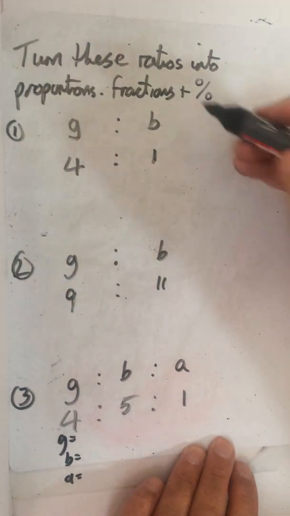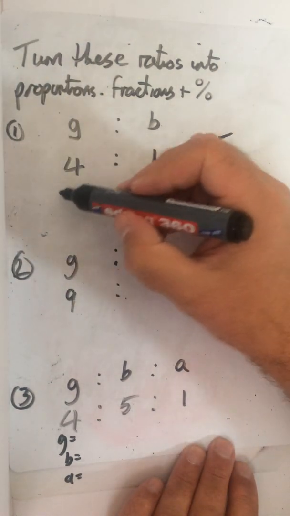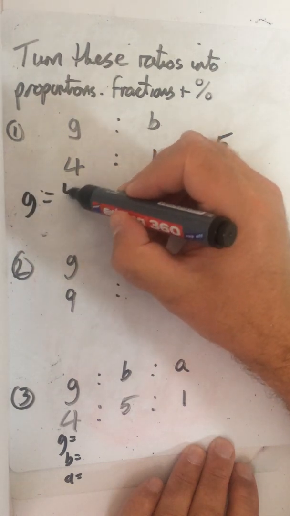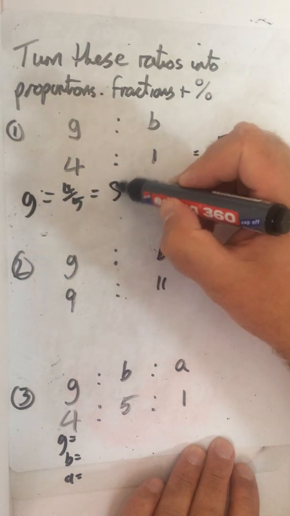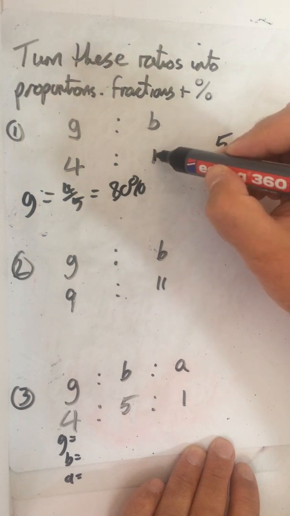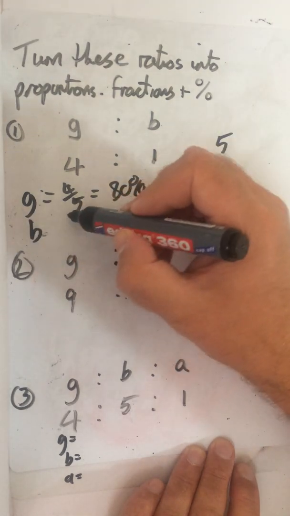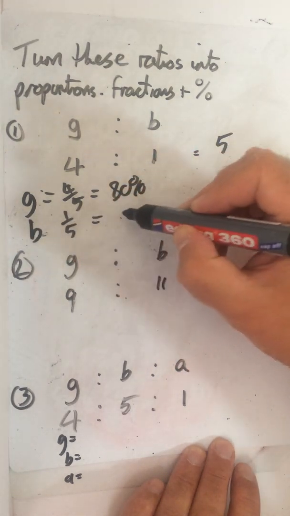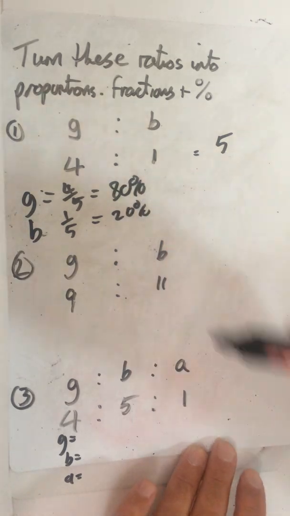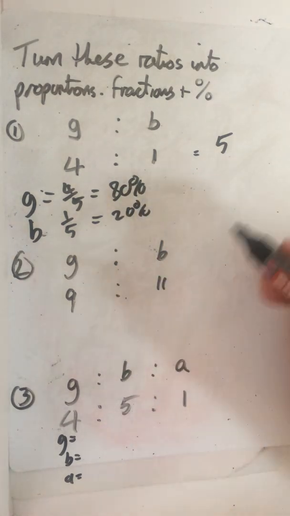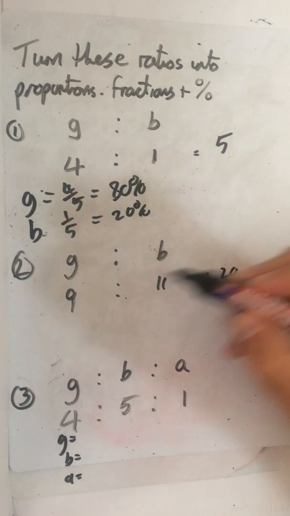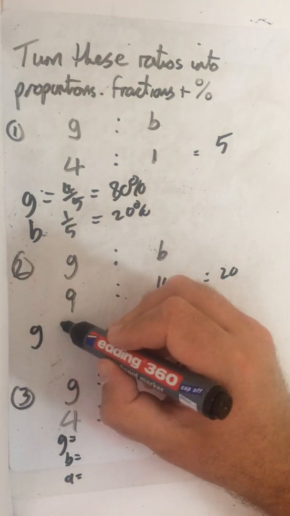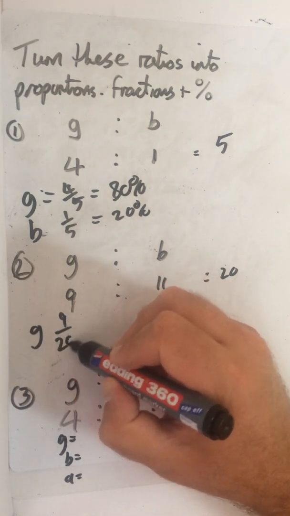Right, let's have a little look. So we know the total here is 5. So girls, 4/5, which is 80%. Boys, 1 out of 5, 1/5, 20%, and this should obviously add up to 100%. Here we've got girls, this time they add up to 20, isn't it? So in terms of the girls, we've got 9/20.